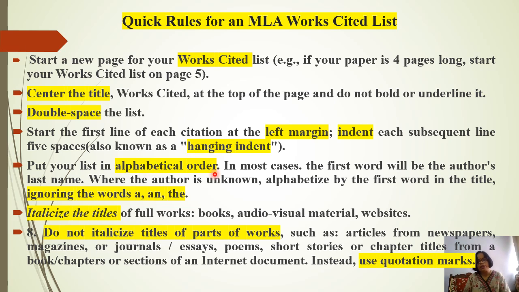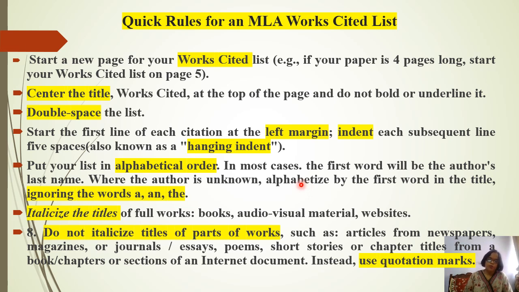Then the list is going to be arranged alphabetically. In most cases, the first word will be the author's last name. Where the name of the author is unknown, use the first word in the title, ignoring the words a, an or the. We are going to ignore these kinds of articles and just alphabetize by the first word of the title.